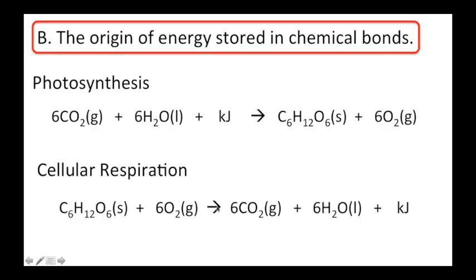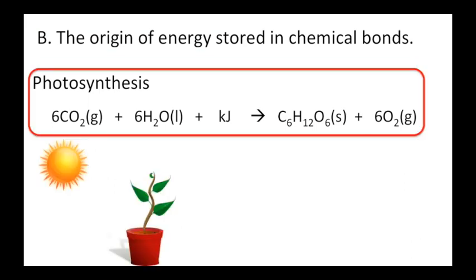Okay, now let's jump back to this just for a second. Let's remember that the energy stored in chemical bonds originated from the sun. So in photosynthesis, remember, CO2 and H2O go into the plant as well as sunlight, and that energy is represented by those. And then we make glucose and oxygen, and the glucose has this energy stored in it.